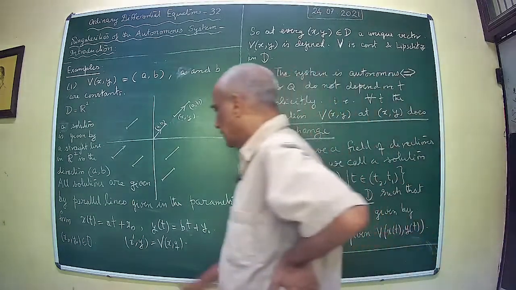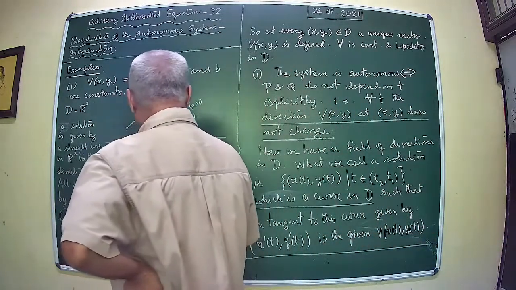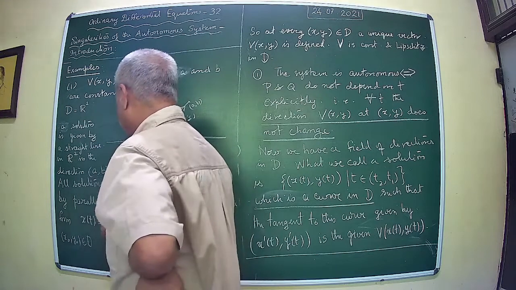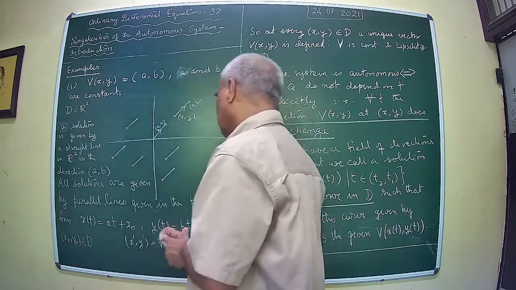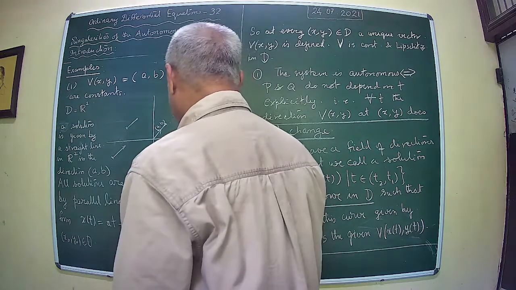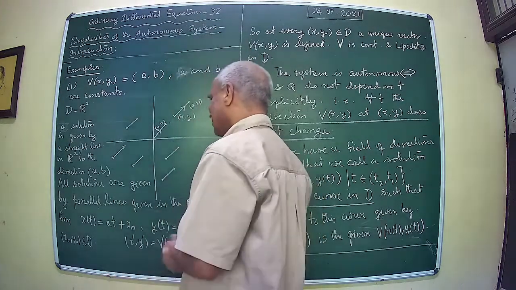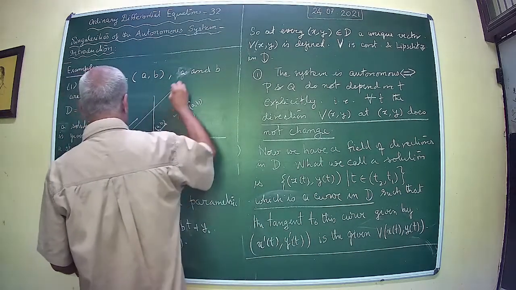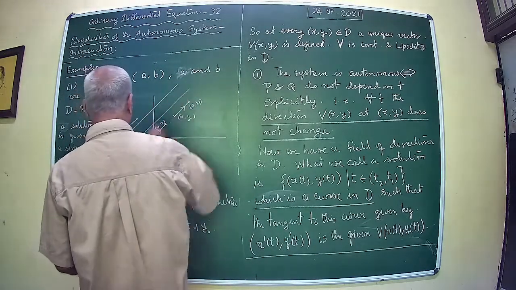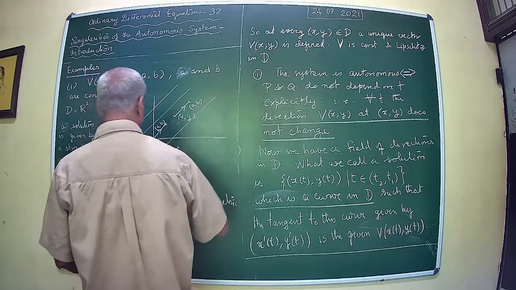And if (x0, y0) is a point in D, then at t equal to 0, x(0) equals x0, y(0) equals y0. So the solutions are essentially all lines of this kind, all parallel lines.